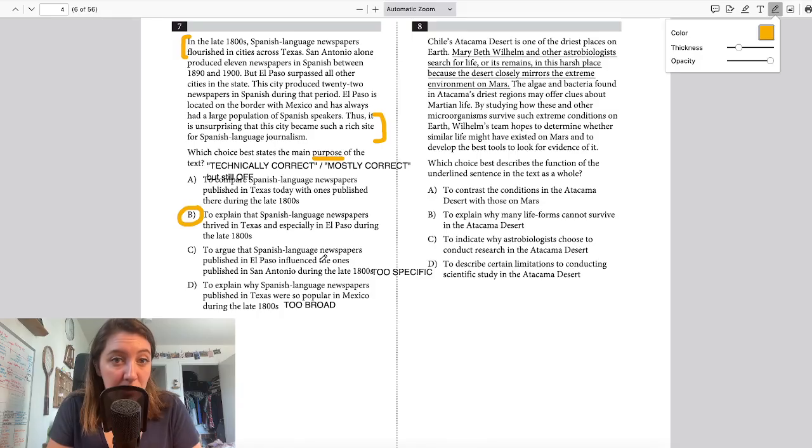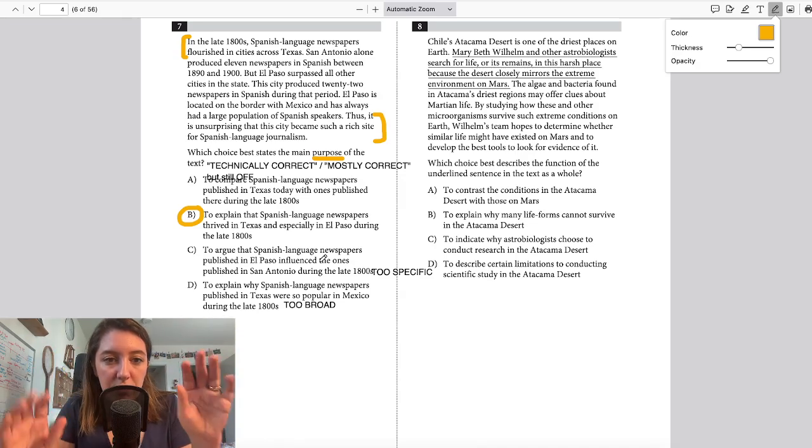But El Paso surpassed all other cities in the state. Ding, ding, ding. This city produced 22 newspapers in Spanish during that period. El Paso is located on the border with Mexico and has always had a large population of Spanish speakers. Thus, it's unsurprising that this city became such a rich site for Spanish language journalism. Okay.